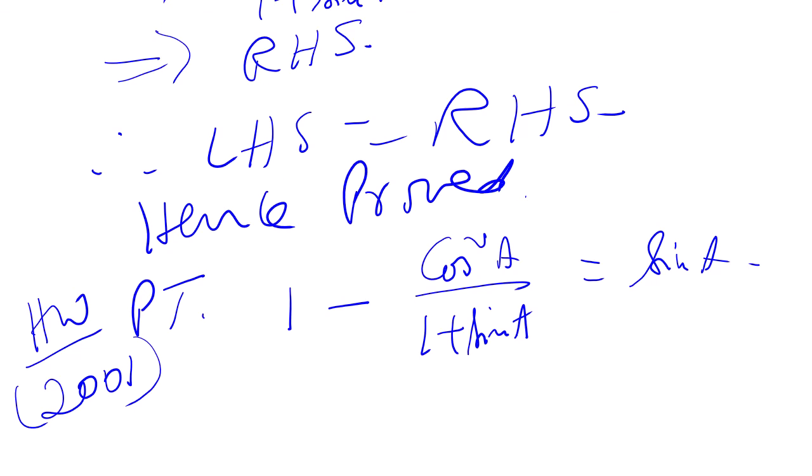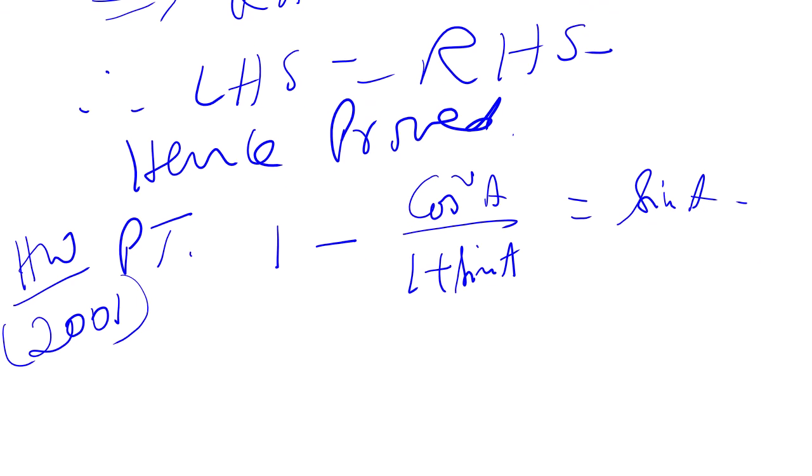Okay, 1 plus sine a minus cos square a. Then 1 minus cos square a can be written as sine square a. Then you will get sine square a plus sine a upon 1 plus sine a. Then you will take out sine a common. So if you take out sine a common, you will get directly what you want.